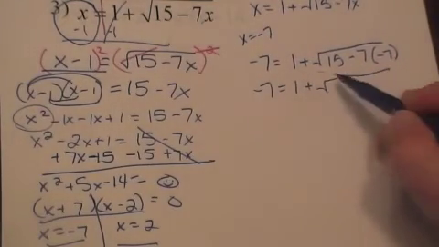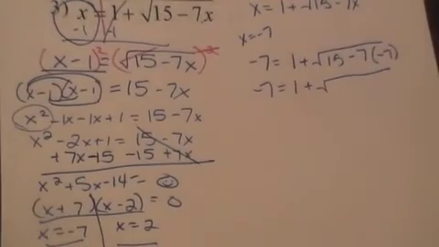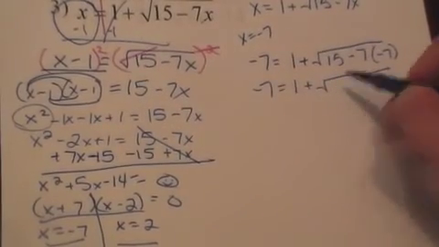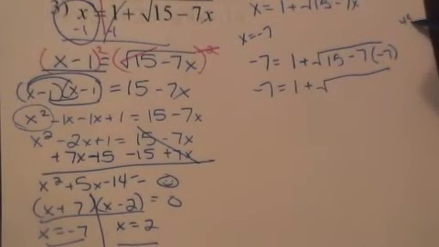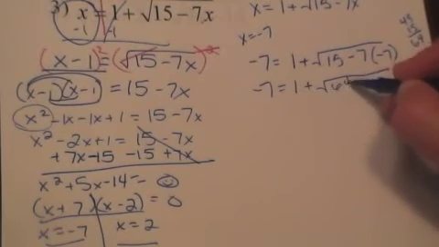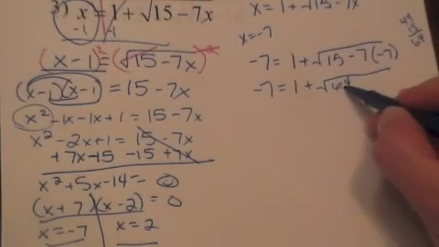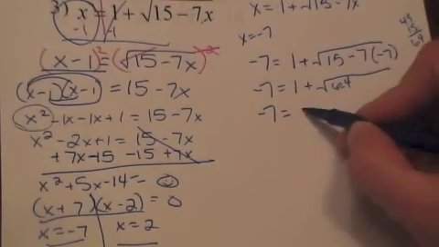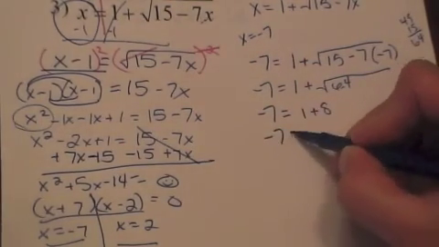I don't know how we could get this equal to a negative. You never know. So this is 49 plus 15, 64. So that's 8. 1 plus 8, -7 equals 9.